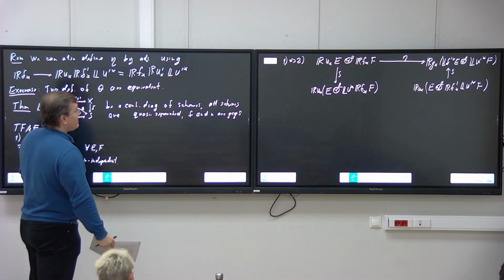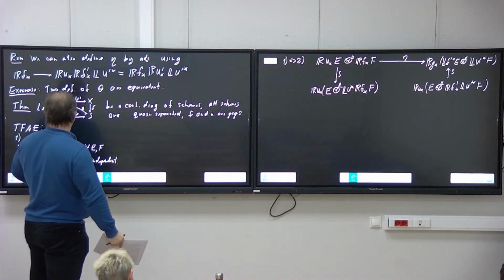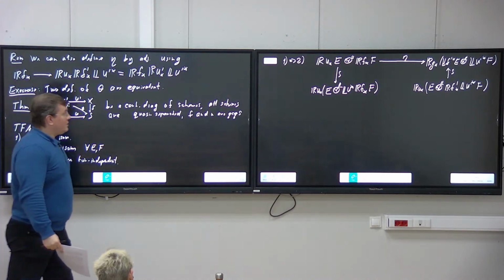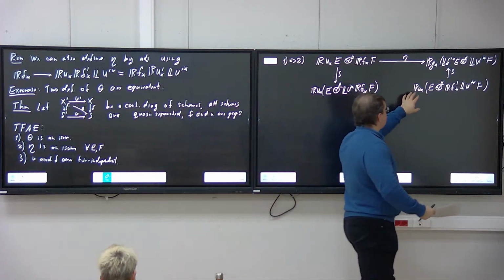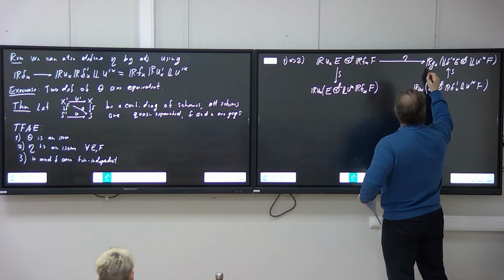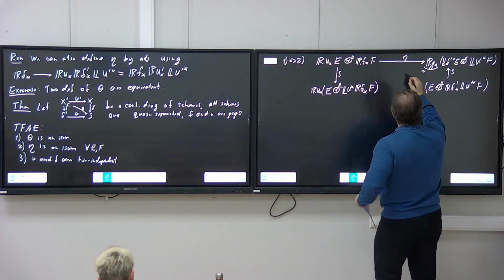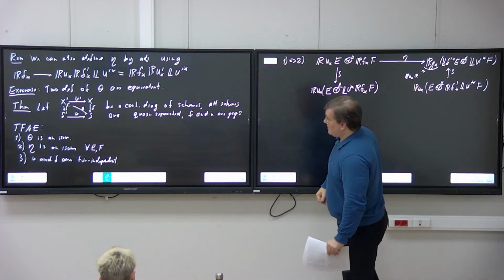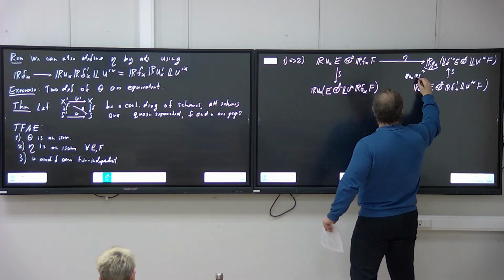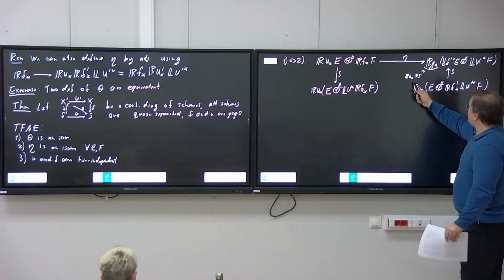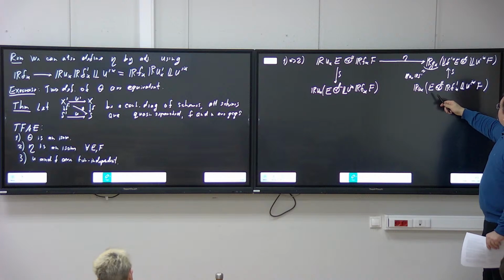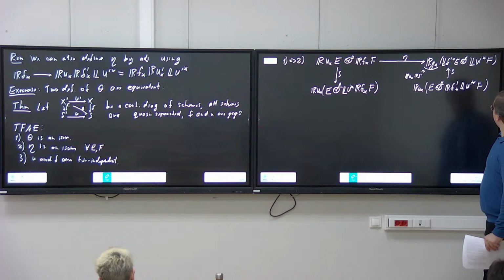I can think of this as the push forward along F prime, push forward along U. So this is RU prime, RF, RU, RF. I keep this RU prime and use the projection formula for F prime, and this is what you get. I think everything is fine. Okay.